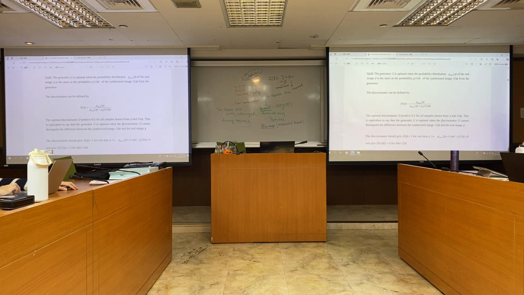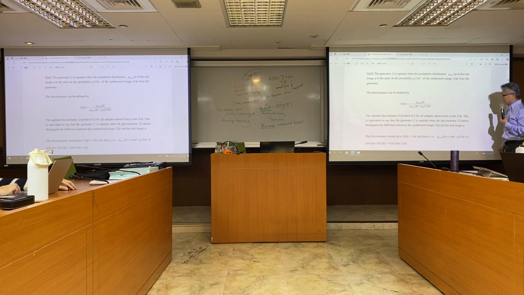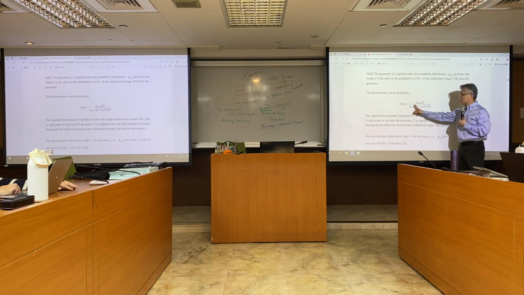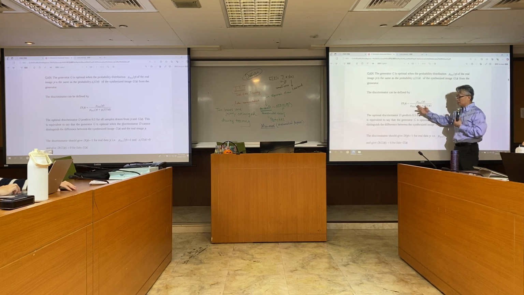So the optimal discriminator predicts 0.5 for all the samples drawn from y and g of x. This is equivalent to saying that the generator g is optimal when the discriminator cannot distinguish between the true data and the generated data. Yes, this is 1, this is 1, and 1. So this is like a balance between the generator and discriminator.